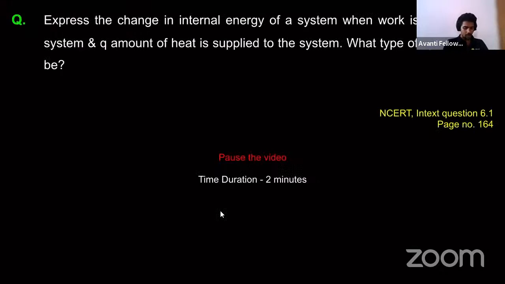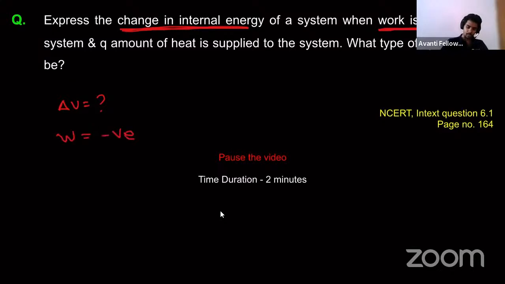Try to do this. Express the change in internal energy of a system when work is done by the system and Q amount of heat is supplied to the system. What type of system will it be? Try to see what is given first. It says to express the change in internal energy, so it is asking for delta U. When work is done by the system, what is the convention?